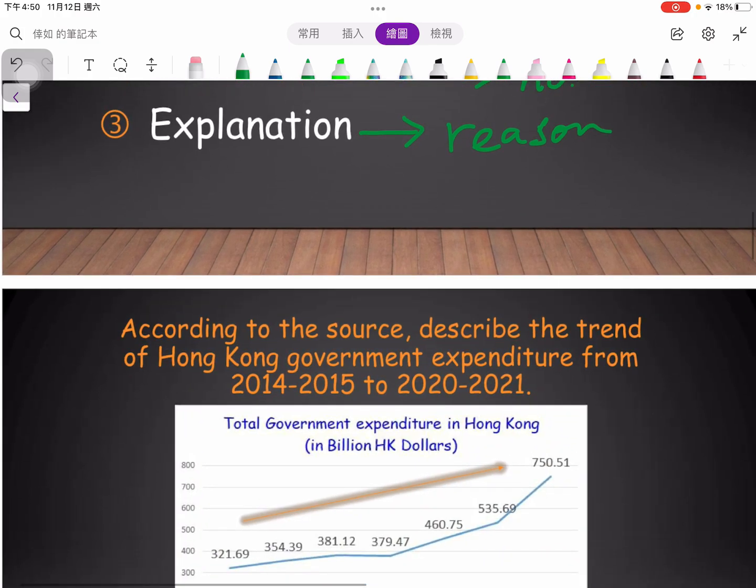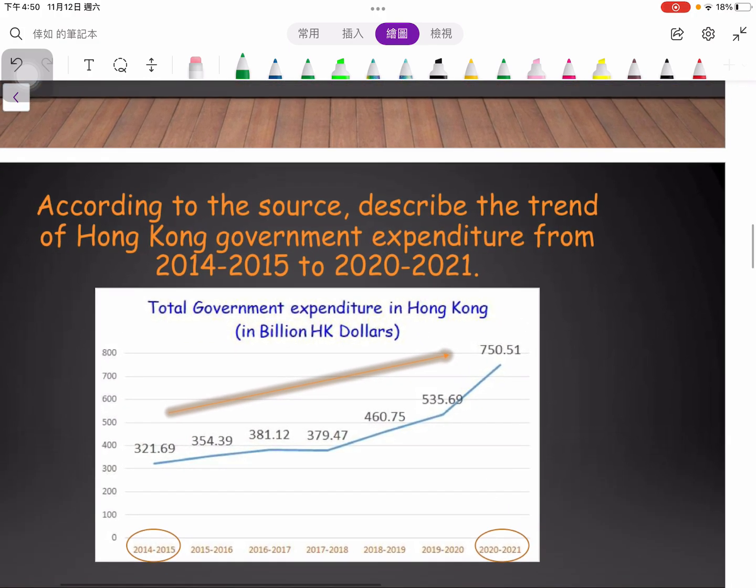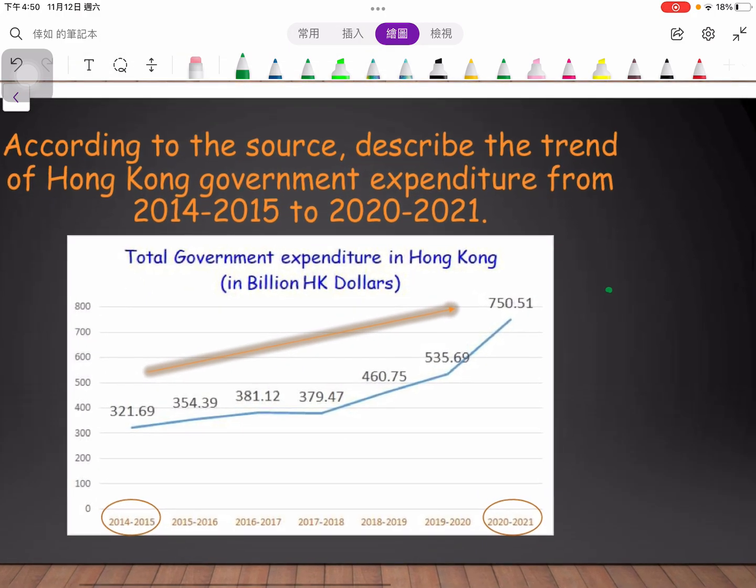Let's read the graph in details. So in this graph, when we answer the database question, I suggest you circle the period which the question asks you. That's why you have to circle 2014 to 2015 and 2020 to 2021, because the question asks you to read about these two periods.